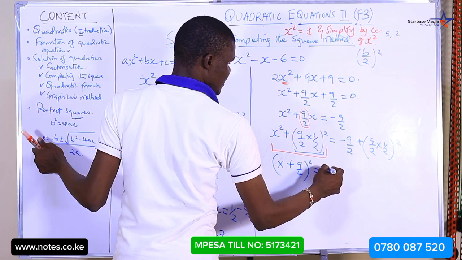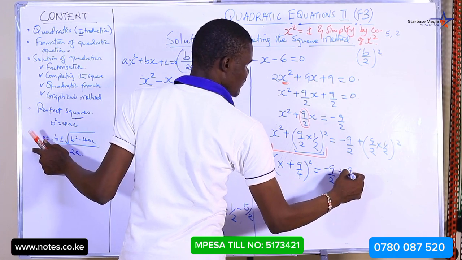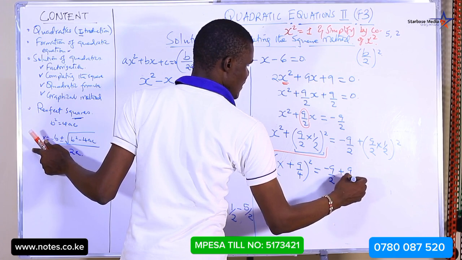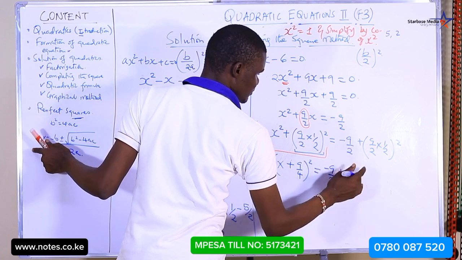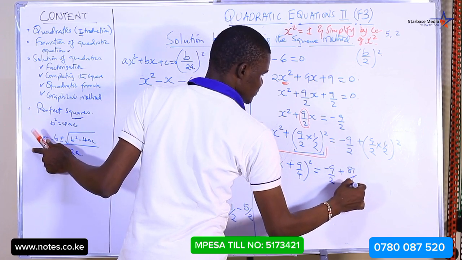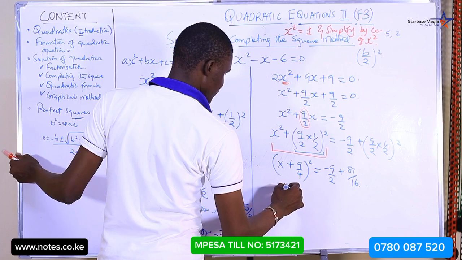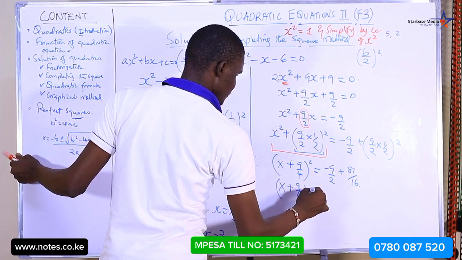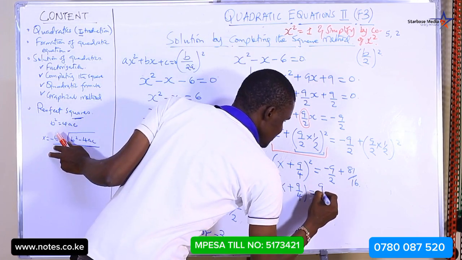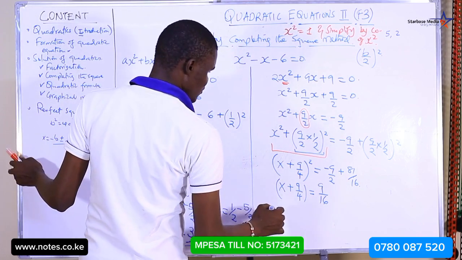What is negative 9 over 2 plus (9 over 4) squared? 9 over 4 squared is 81 over 16. We get 9 over 16. This is the cheapest method you can ever use in exam, and you are sure you won't fail.